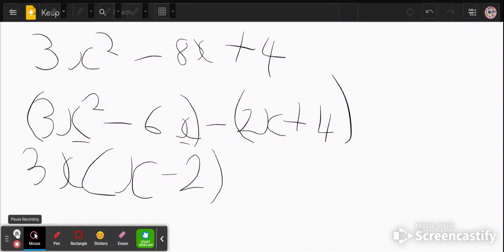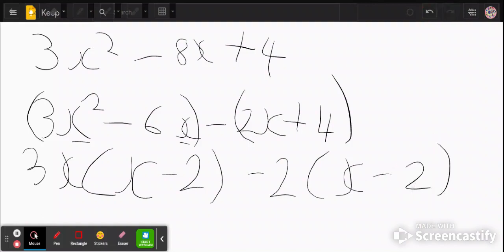So what would be common is negative 2. If you take out the minus 2, minus 2 into negative 2x will leave us with x, and negative 2 into 4 goes minus 2. So it'll be x minus 2, right?